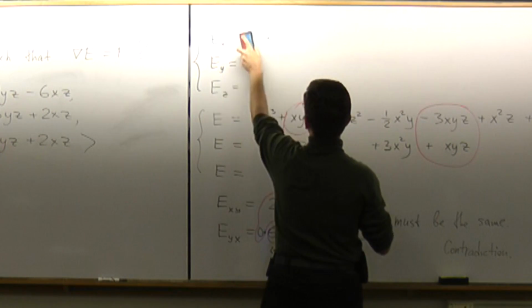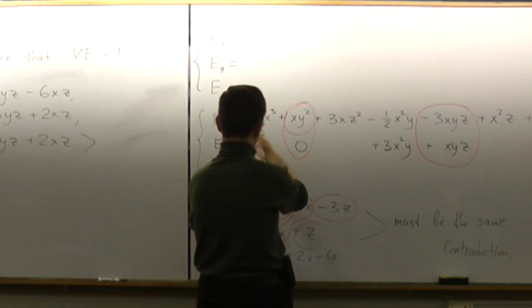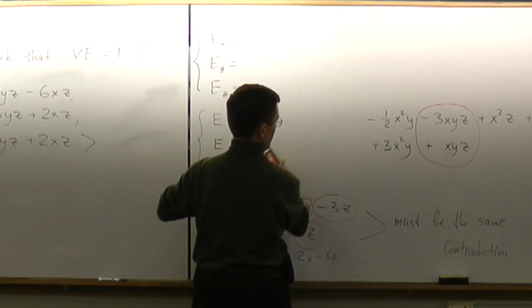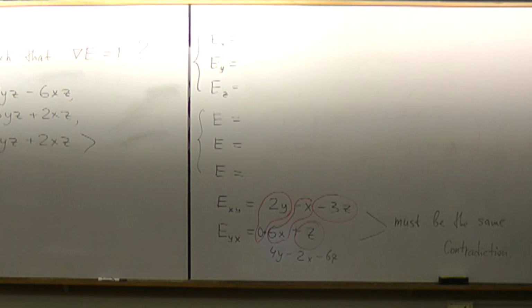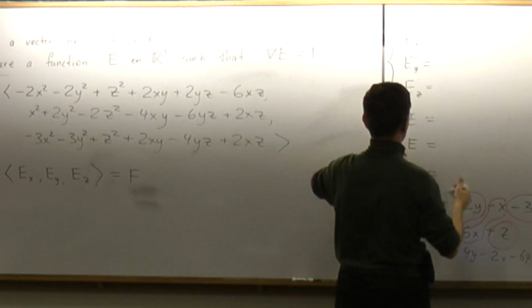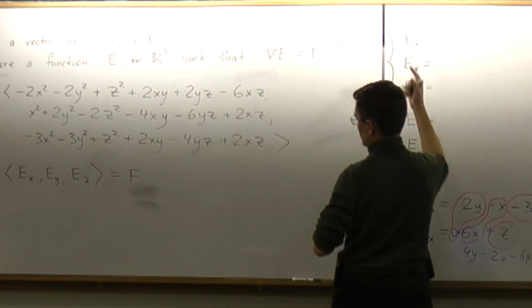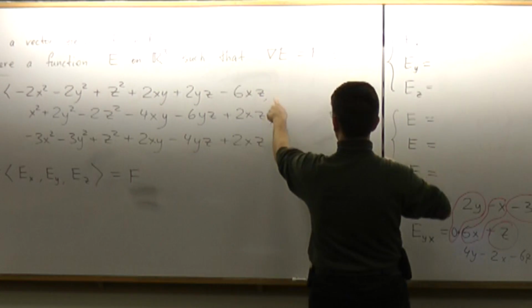Well, instead of rewriting again, you have it in front of you, so let me do the antiderivatives. Is it okay if I don't rewrite that stuff over here? Then I anti-differentiate this first component with respect to x.